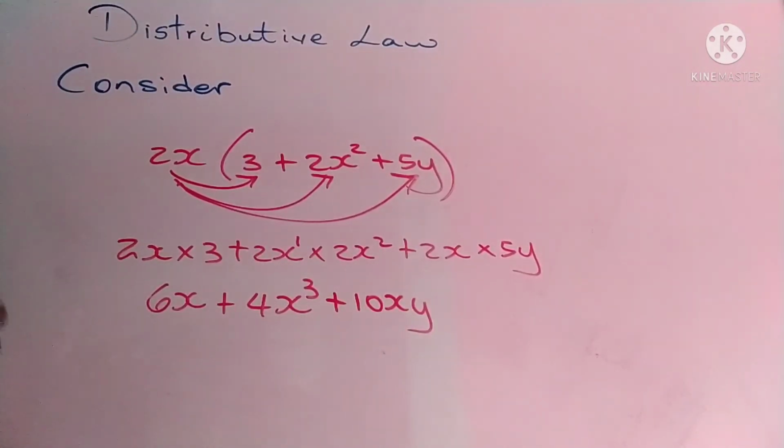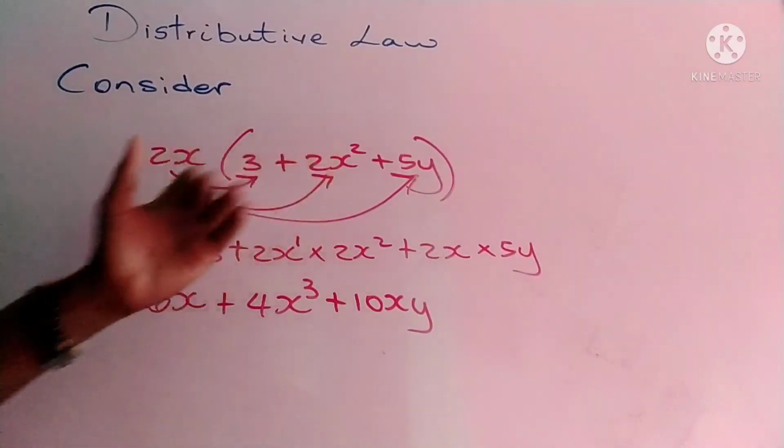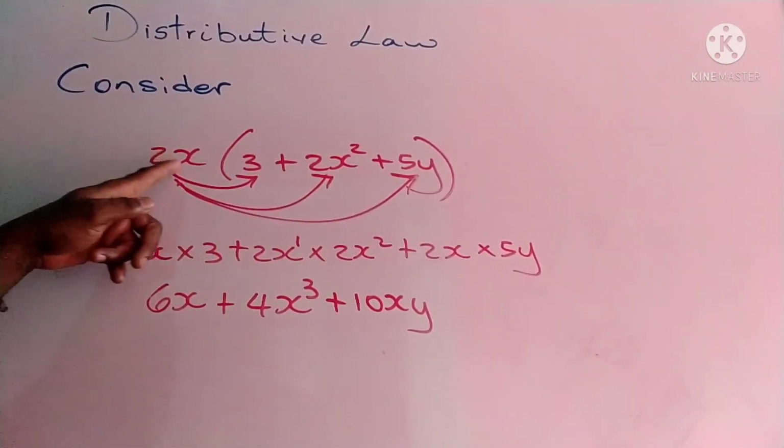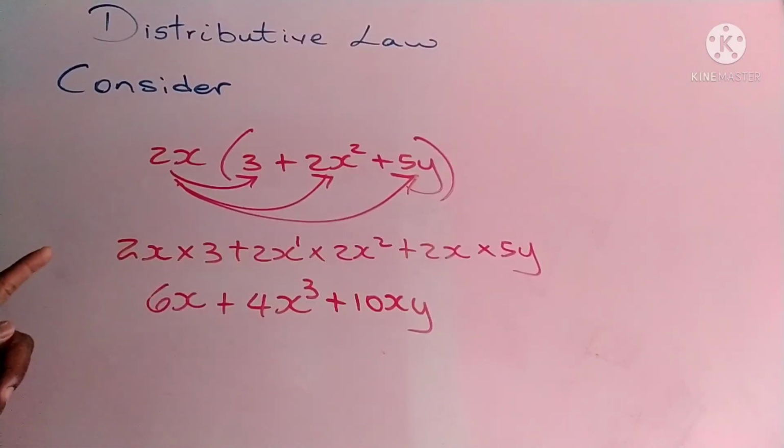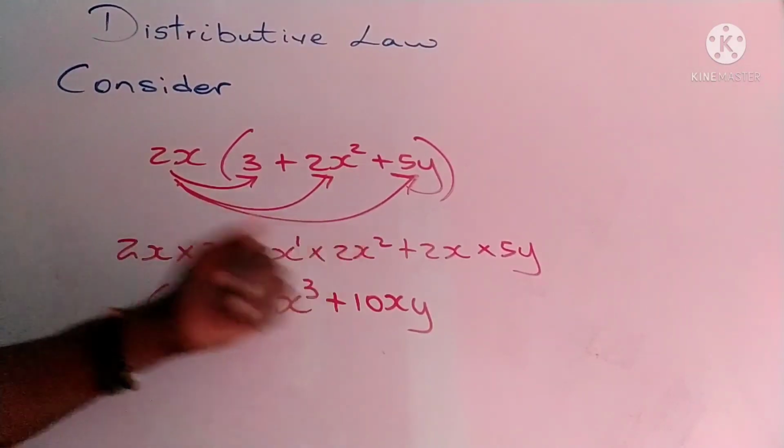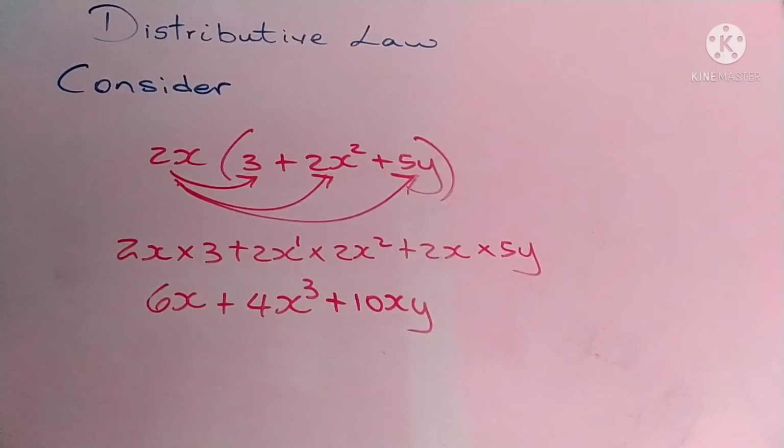So therefore, when you're distributing, you can distribute to as many things in a bracket. It doesn't matter how many, but whatever is directly outside will be used to multiply by everything inside, and then you could simplify. Well, I just let you understand and see what goes on when we're distributing.